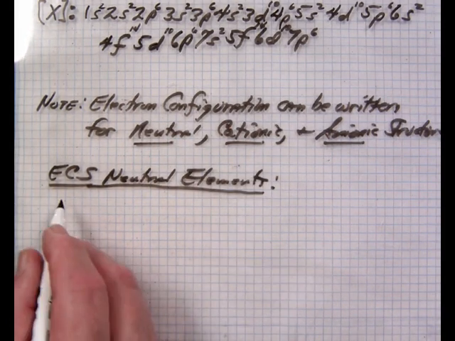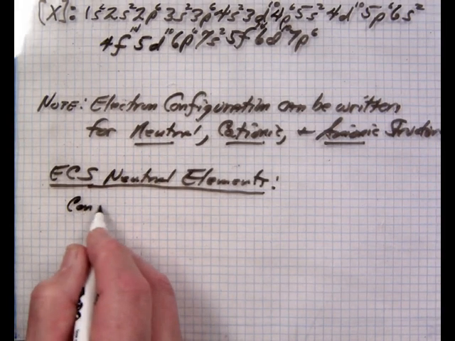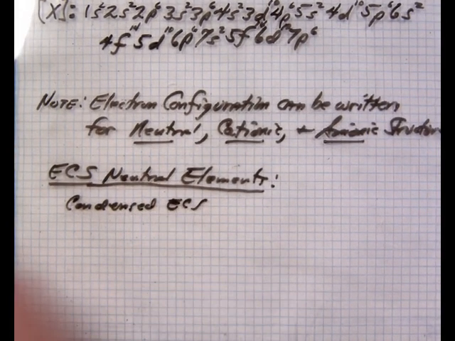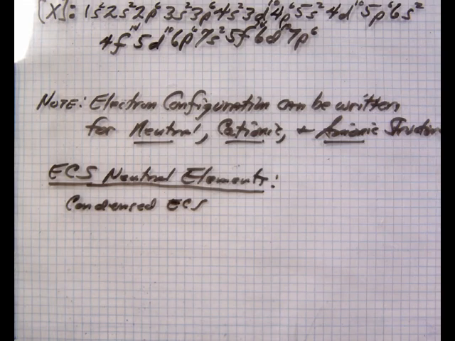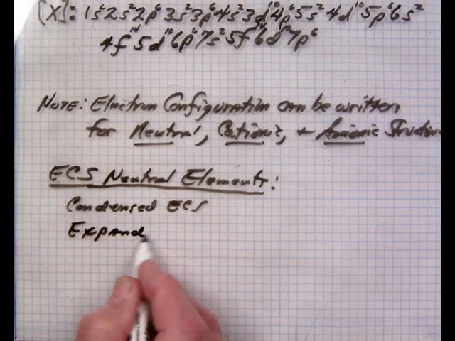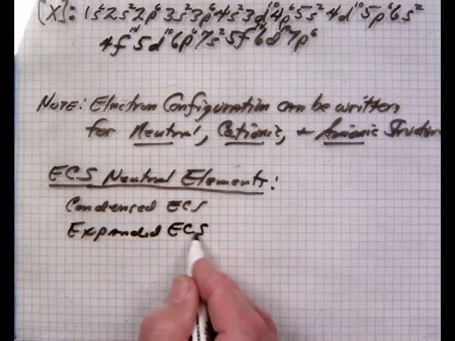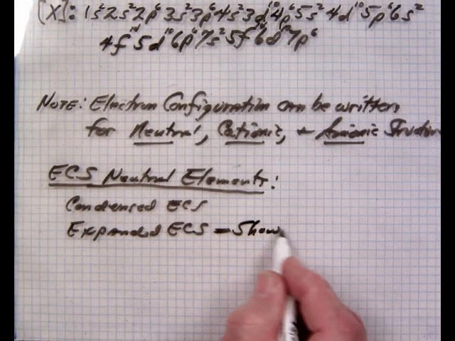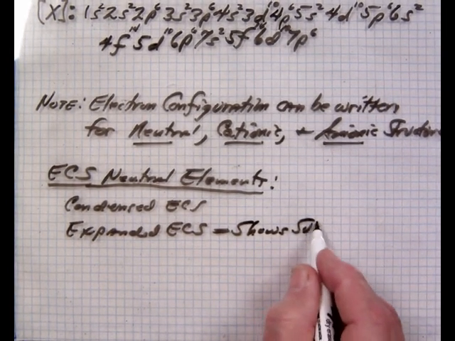The neutral elements, you can have a condensed electron configuration summary. Okay? You can have an expanded electron configuration summary. And the difference is the expanded shows suborbital orientations.